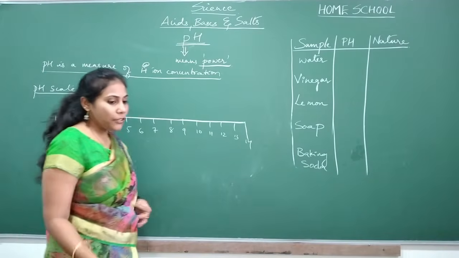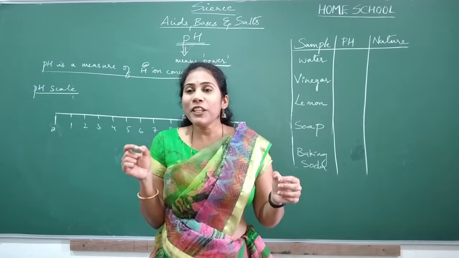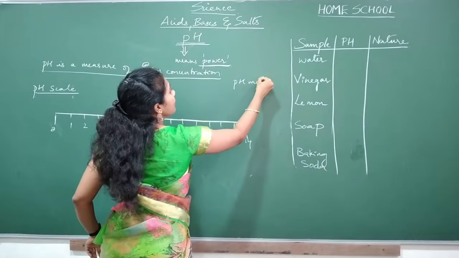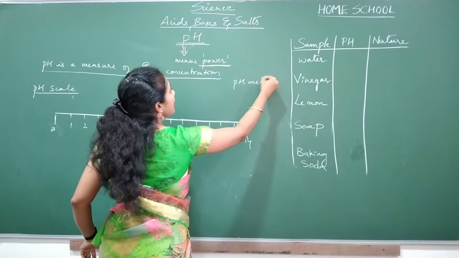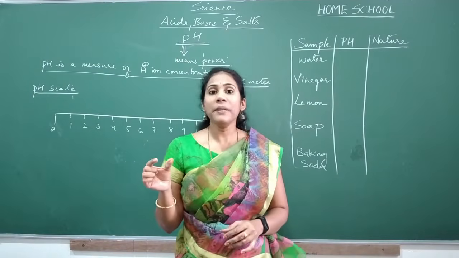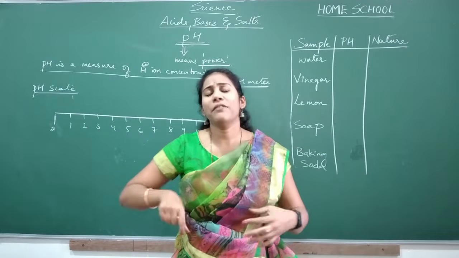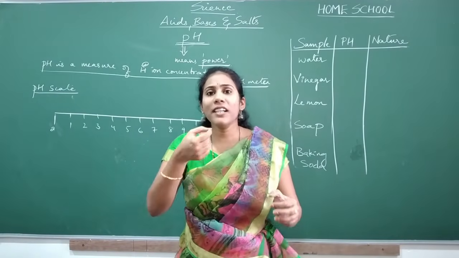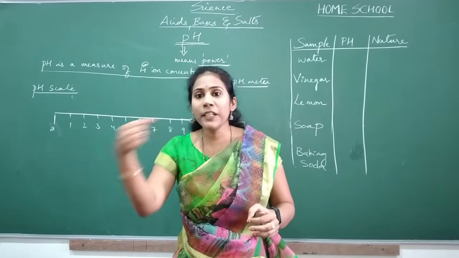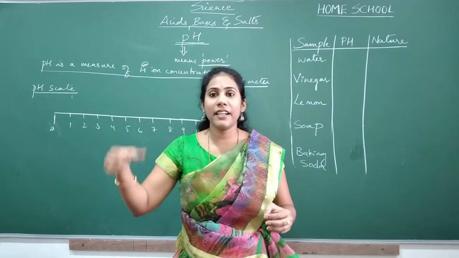In the market, whenever we want to check pH, we use an instrument called a pH meter, just like a thermometer. Using a thermometer you check how much temperature there is. Whenever you have a fever, the doctor keeps a thermometer under your tongue, and it shows some number, 98, 99, 100, 102.